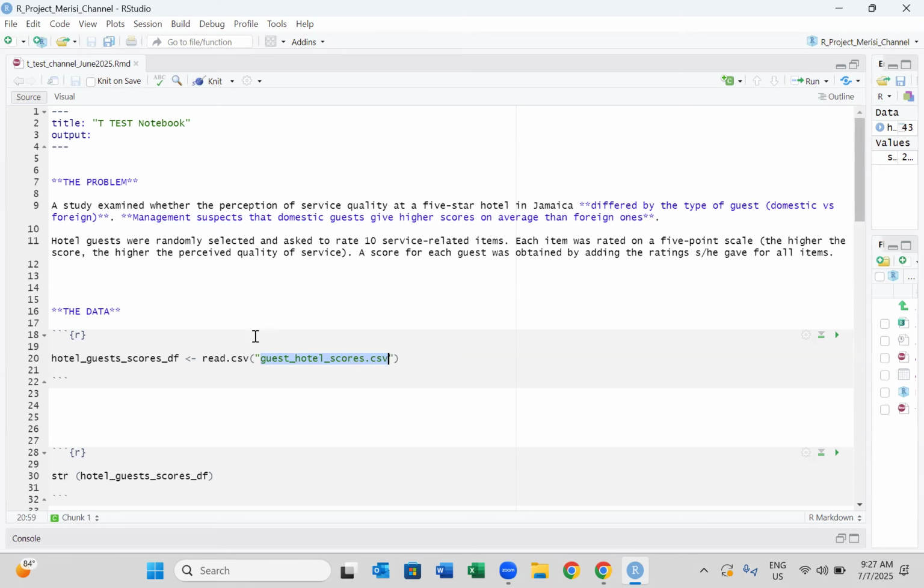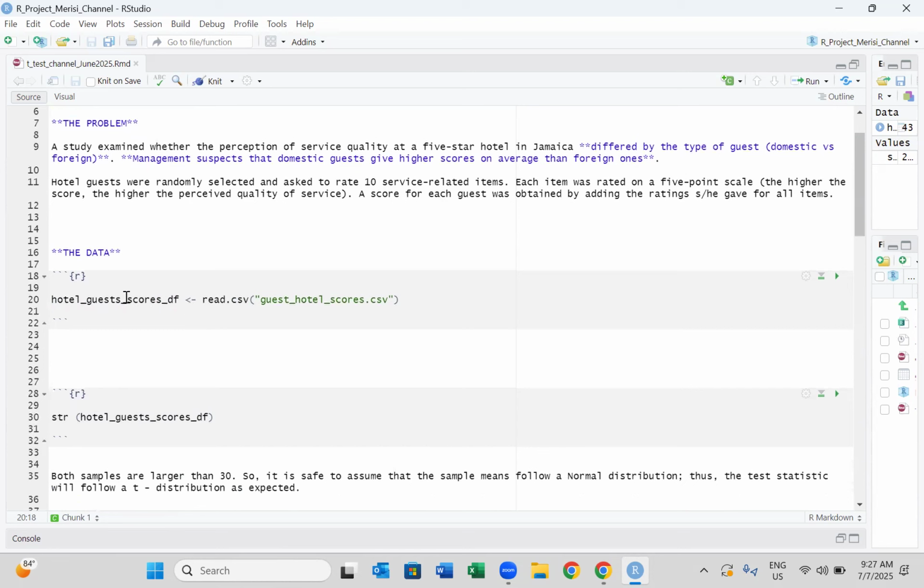What I'm going to do is read that CSV file into a data frame, which I decided to name like this. To do that reading, I'm going to use the read.csv function, which allows me to read a CSV into a data frame. Let's execute this code cell. And in this next code cell, let's take a look at that data frame using the structure function.